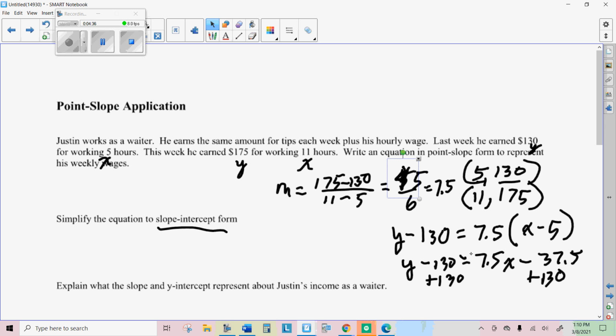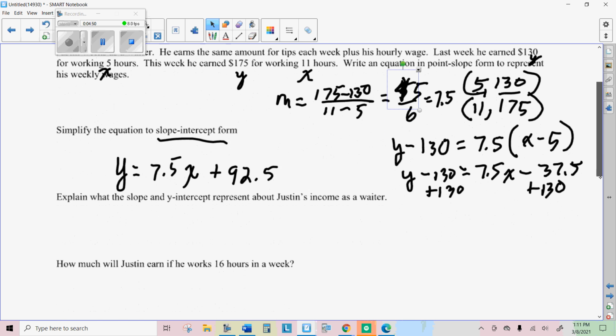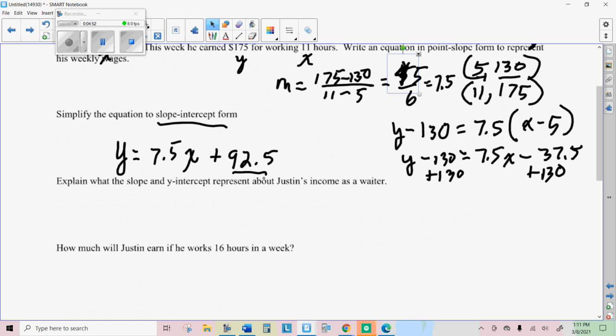And we end up with 92.5. So basically he gets 92.50 in tips and then plus 7.50 an hour. Okay, so I just kind of explained that. This is the initial amount he would get just for working, and then this is his hourly wage.